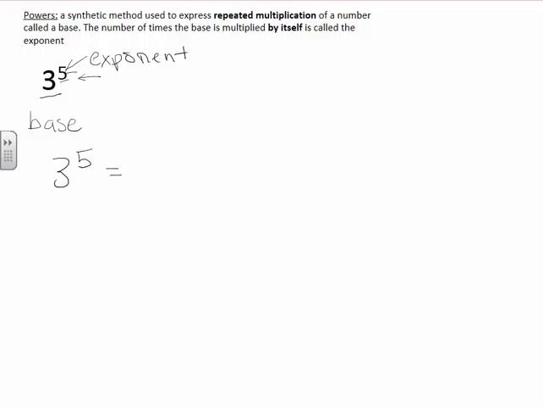is equal to, by definition, repeated multiplication of the base, 3 times 3 times 3 times 3 times 3. You can see we followed this definition exactly. We repeated the multiplication of the base, which is 3, for the amount of times told in the exponent, so 5 times. So we did 3 times itself 5 times, which then gives us the value of 81 as our final answer.